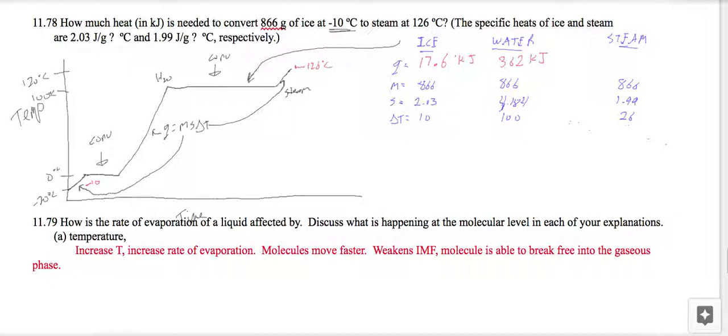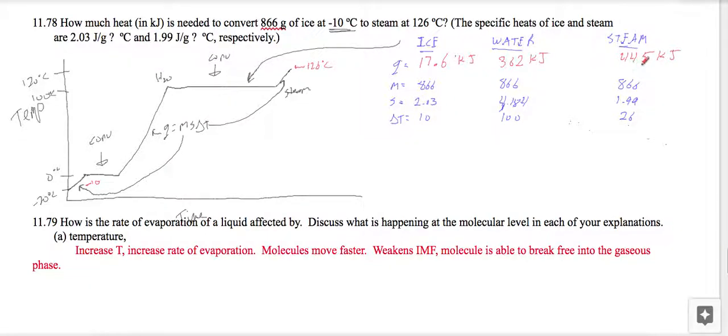Steam, 866 times 1.99 times 26. 445. I think I did one of these wrong here. Hold on. 866 times 2.03 times 10 gets us 17.6. Oh, that looks right. All right, we're good.